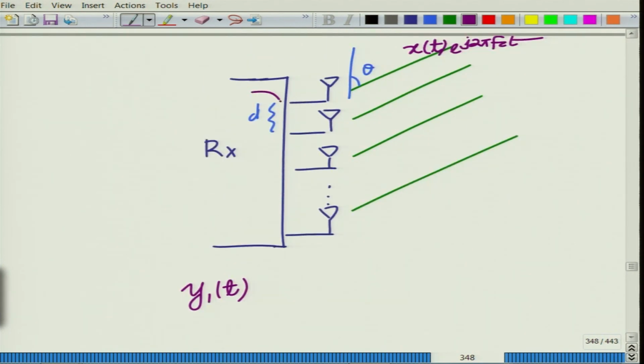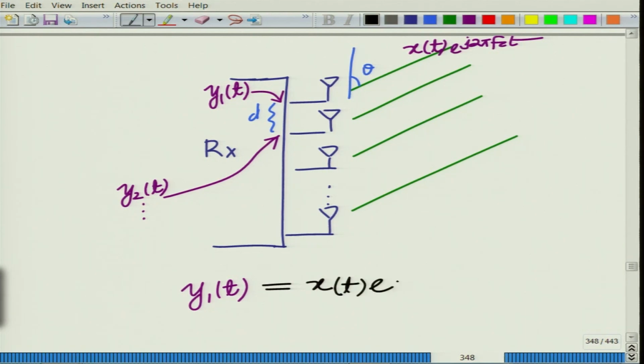This will be y_2(t) at the second antenna, and so on.